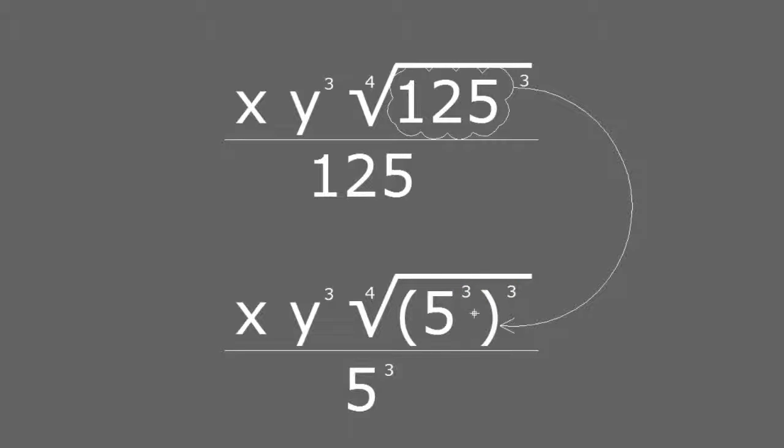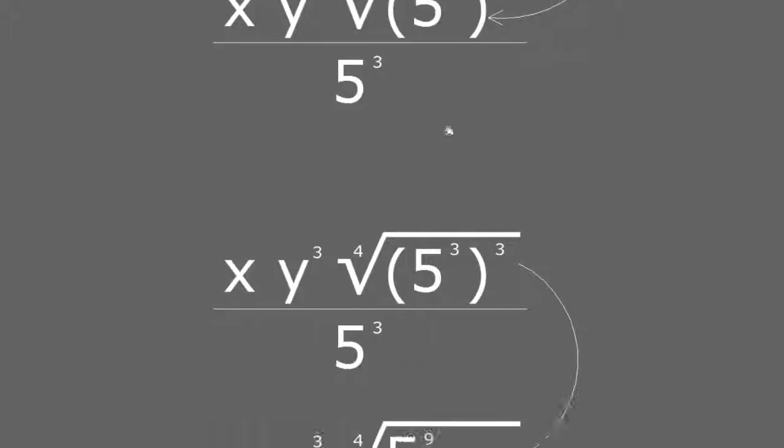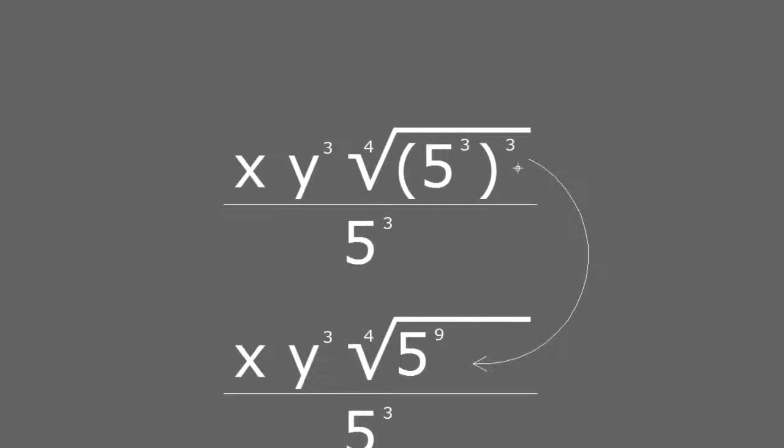That's the rule of a power raised to another power. So we have 5 to the third power, raised again to the third power. That becomes 5 with an exponent equal to 3 times 3, 9. So now I have the fourth root of 5 raised to the 9th power.